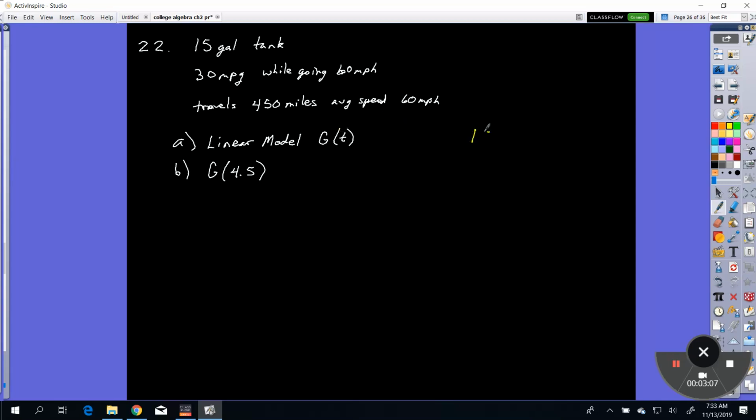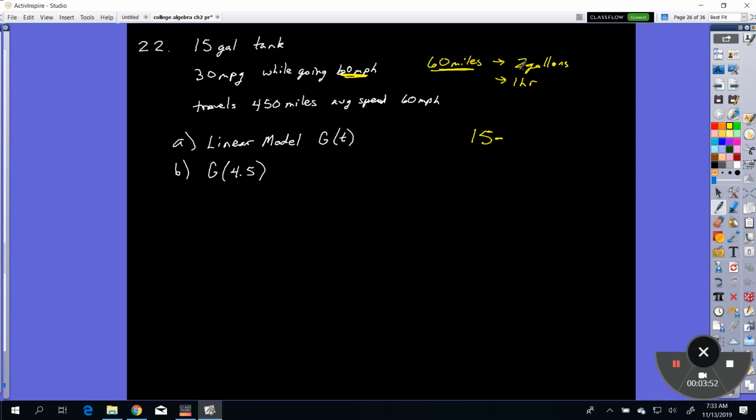I start with 15, and because I get 30 miles to the gallon, when I go 60 miles, I have used 2 gallons. And it's very nice that we're also going 60 miles per hour, because that means in 60 miles I have gone 1 hour. So every hour I use 2 gallons of gas. So 15 gallons is the amount that I started with, and every 60 miles I use 2 gallons.